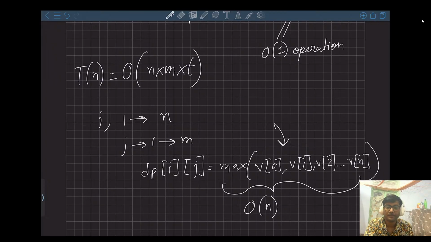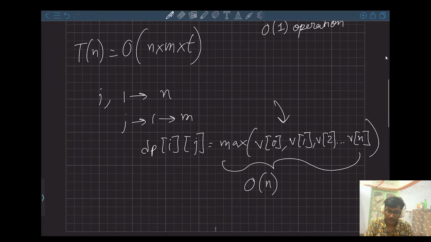So in this case, this is an order of n operation. It will take order of n because you will initially take some minimum value, and then you will go to every element and maximize that.